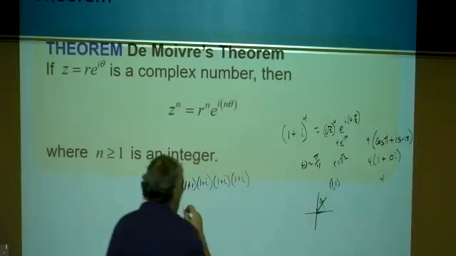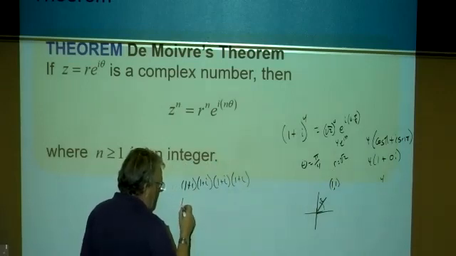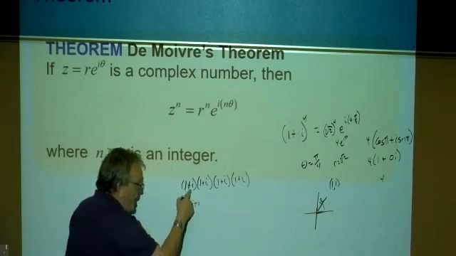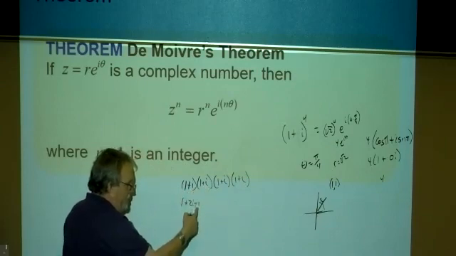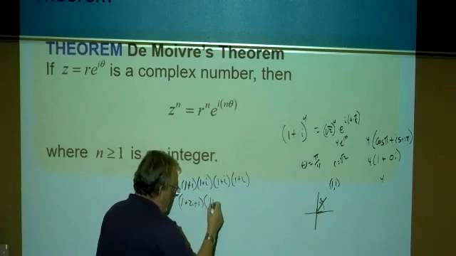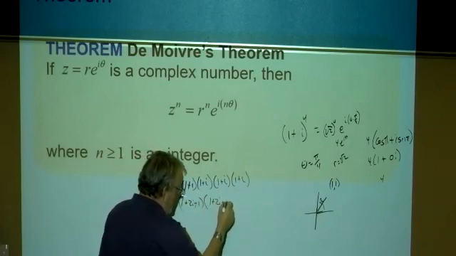Because this gives me 1 plus 2i minus 1, because i times i is -1, times the same thing, 1 plus 2i minus 1.